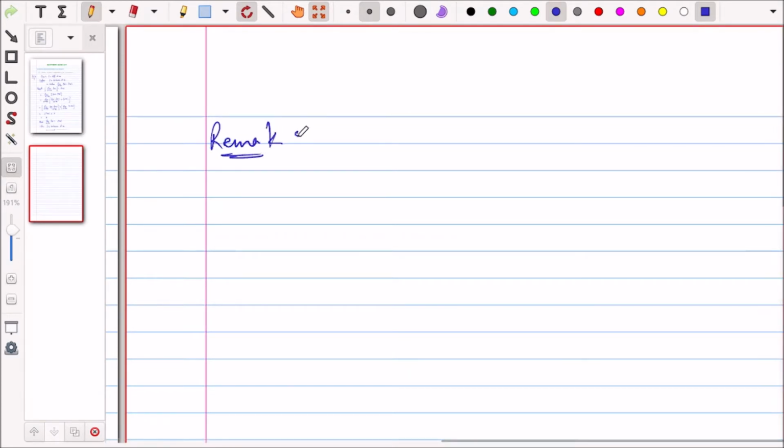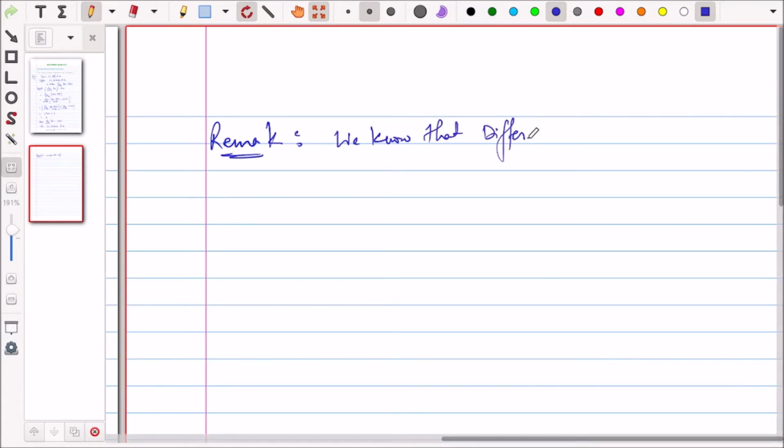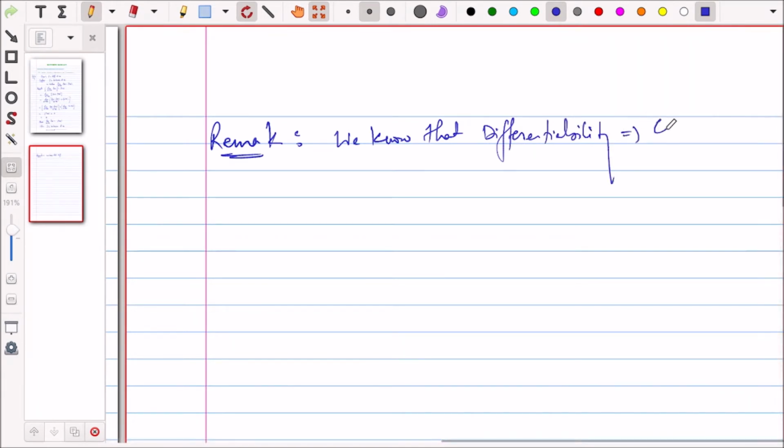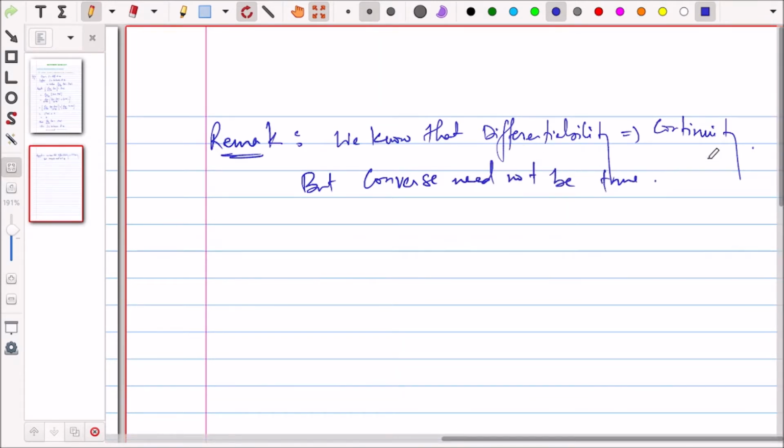Remark: we know that differentiability implies continuity, but the converse need not be true. Give an example of a function which is continuous at some point but not differentiable at that point.